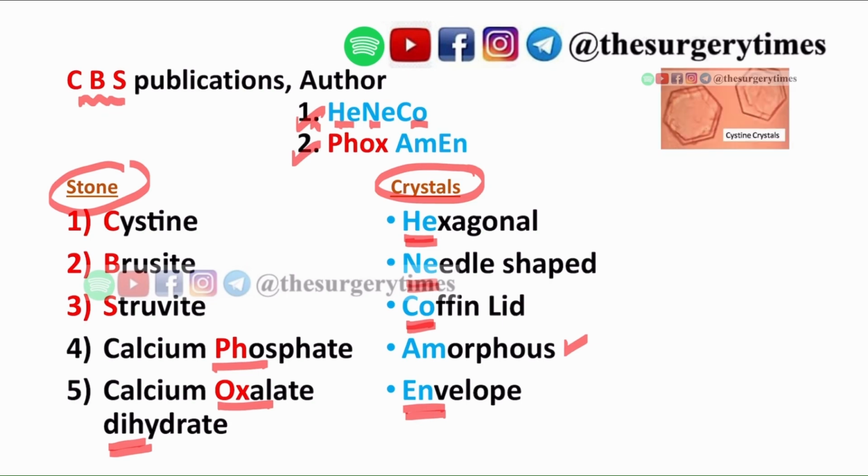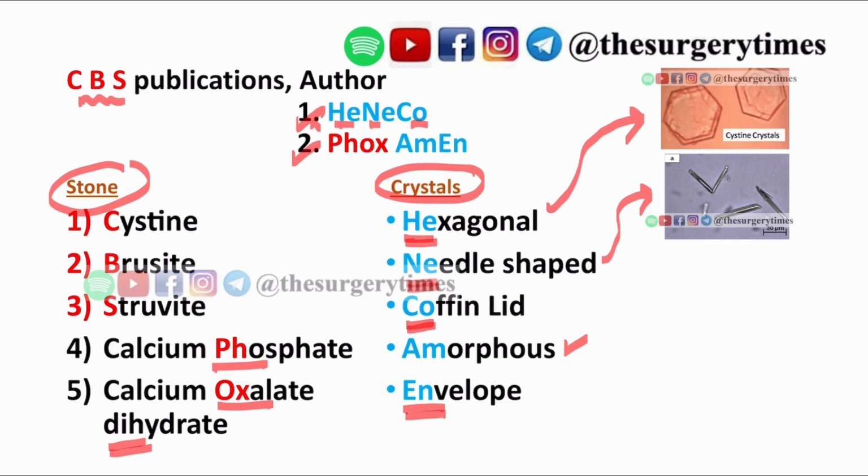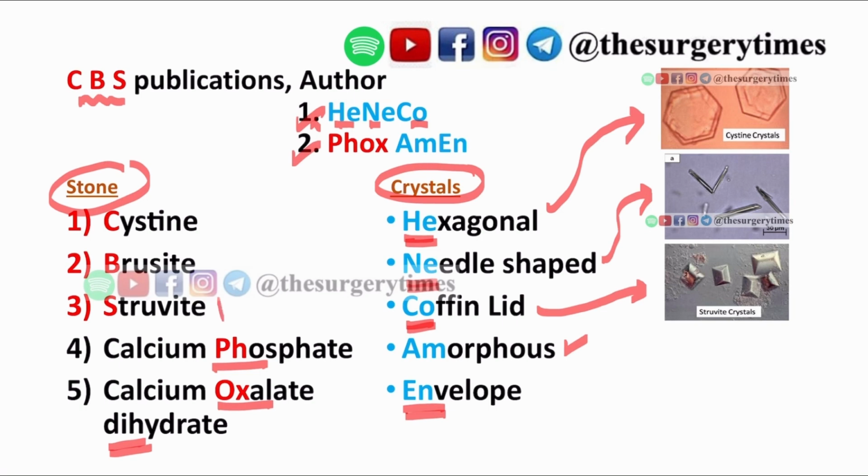So this is the cystine stone, that is hexagonal. Next is brucite stones, those are needle shaped. Struvite stones, these are coffin lid, or rectangular. Remember, this is rectangular.